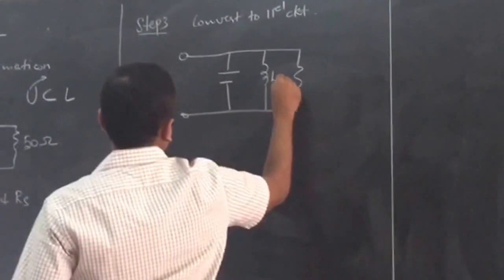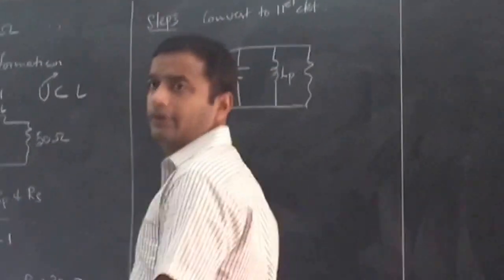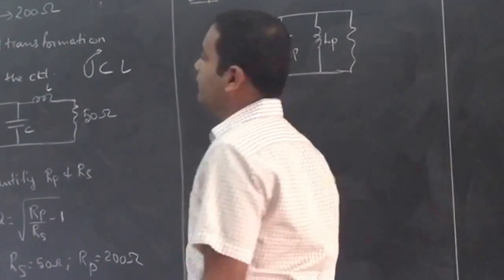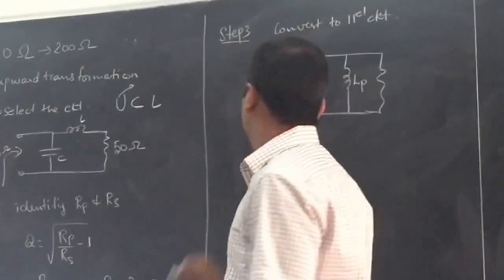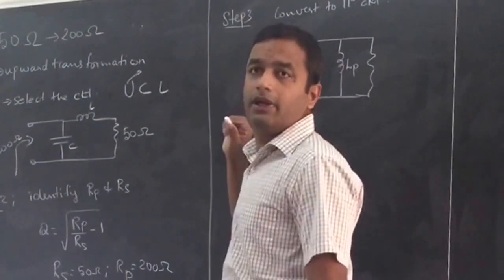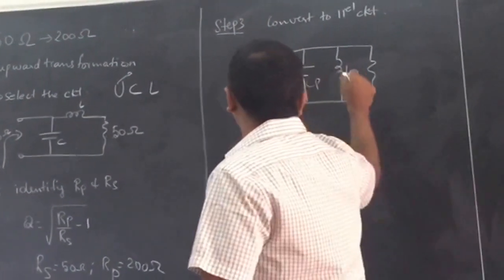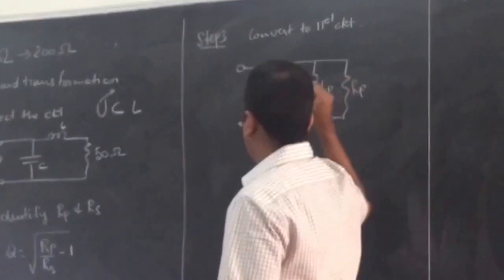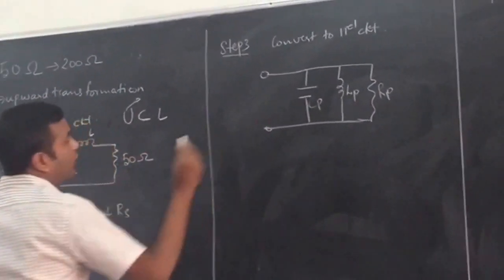This will be LP, and this will be CP. This is CP and this is my LP. Now, I have RP and I have Q. Can you find out LP?